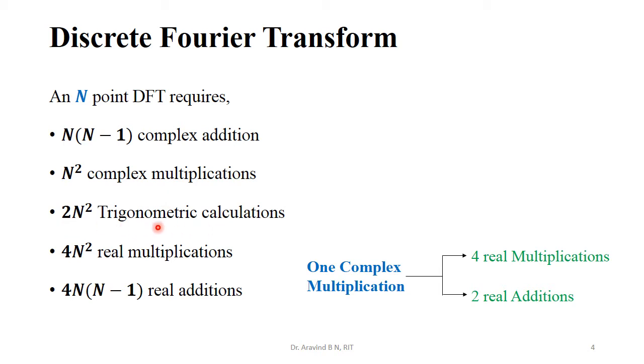Trigonometric means the calculations that involve sine and cosine. Then 4n square real multiplications and 4n into n minus 1 real additions. One complex multiplication involves 4 real multiplications and 2 real additions.